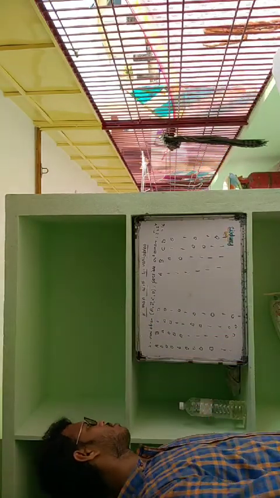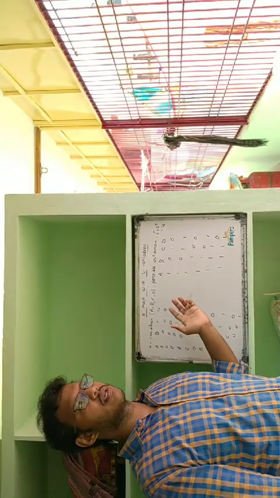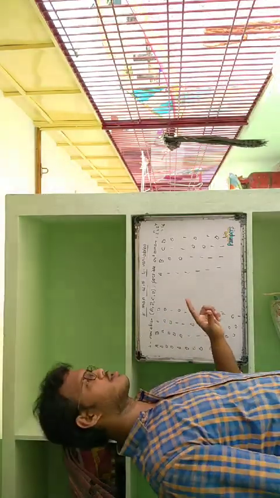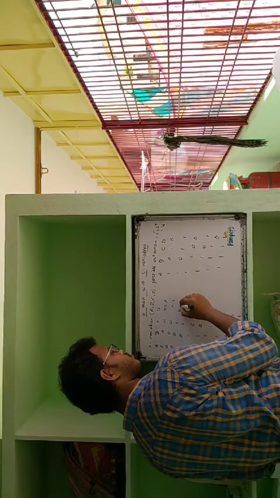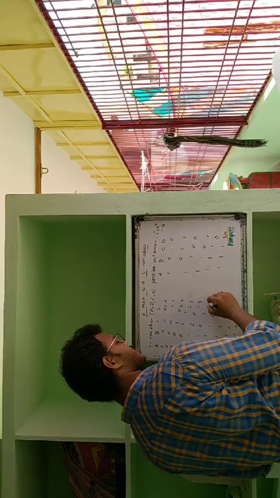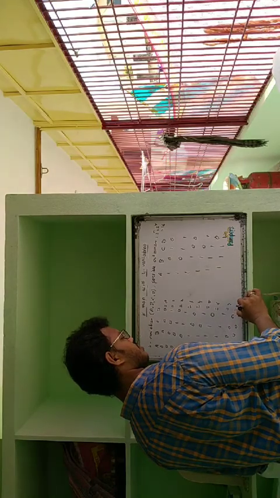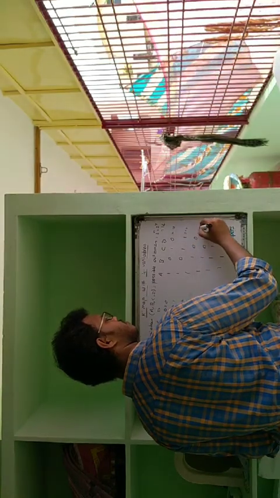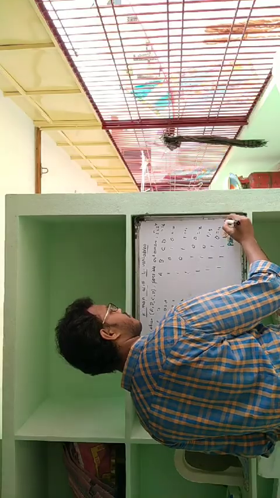Okay. This is the binary number, and the decimal equivalent is 0. This is equal to 0, this is equal to 1, this is 2, this is 3, this is 4, this is 5, this is 6, this is 7, this is 8, this is 9, this is 10, this is 11, 12, 13, 14, 15.